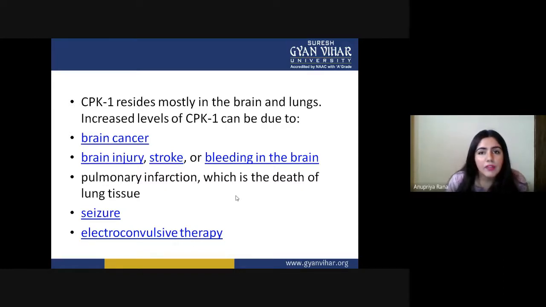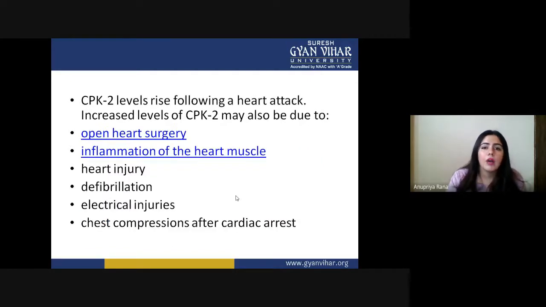CPK levels should be maintained, and by just knowing the enzyme CPK, we can identify many more diseases inside our body. If it is normal, everything is normal. But if it is increased, then these are the problems. Now we'll see that CPK2 levels rise following a heart attack.